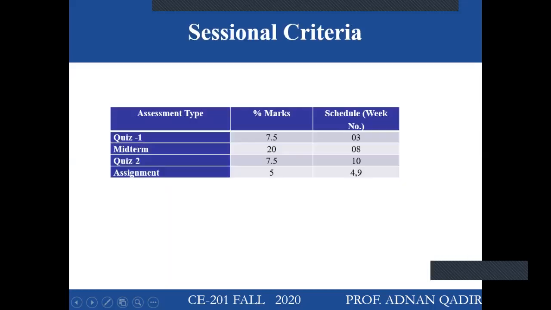In summary, I will be taking 2 quizzes that will have 7.5% marks each, a midterm that will constitute 20% marks, and there will be 2 assignments, taken in the 4th and 9th week of this semester.